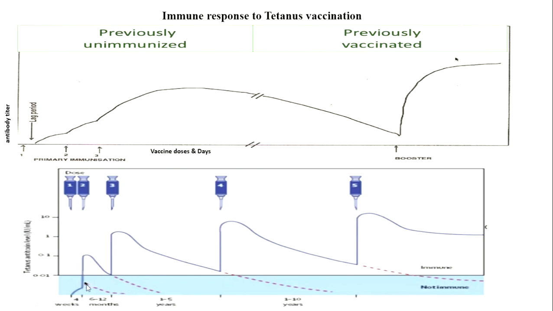After the first dose, there is only a minimal antibody rise, which is below the protective level. Here also we can see minimal or no antibody rise, and only after the second dose will we get the protective antibody titer. With subsequent doses the antibody titer rise will be more. And this is the response to the booster dose. We can see that with one booster we will get enough antibody titer rise.